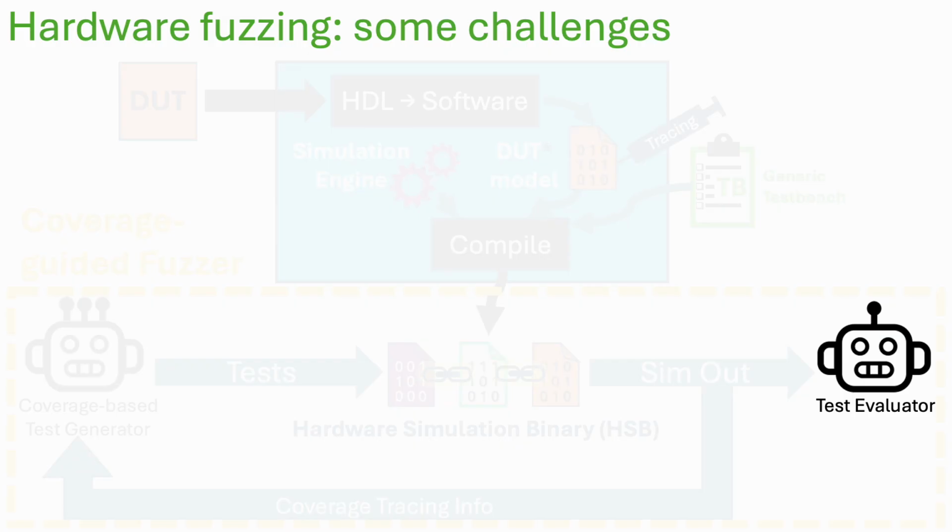The last challenge I wanted to briefly mention is that fuzzing only reports bugs that manifest as something you can automatically declare wrong. So that's the job of the test evaluator, right? And if the engineer is unable to provide a complete set of assertions and invariants, or is unable to supply some kind of gold model to work with, then this approach can't have the fuzzer deliver meaningful crashes.